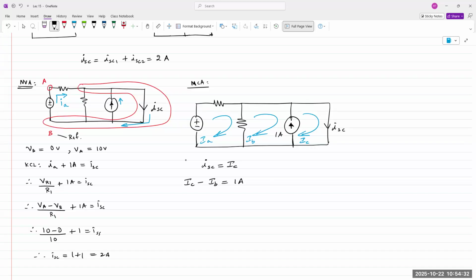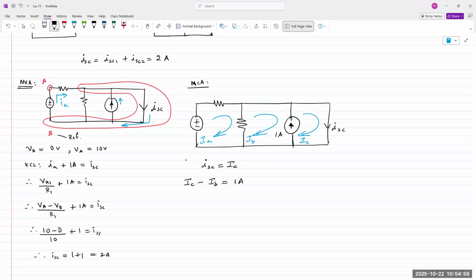I chose my direction IC as going up and IB as going down. The question being asked is, why is it IC minus IB? It's because IC is going in the same direction as the current source, 1 amp, and IB is going in the opposite direction. If both were going in the same direction, it would be IB plus IC. If both were going in the opposite direction, I would say minus IB minus IC is equal to 1.